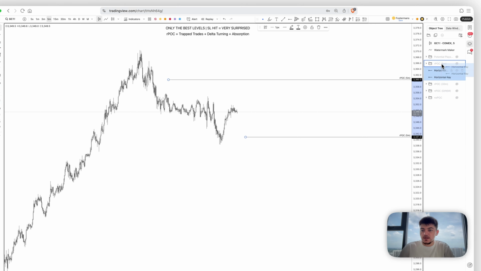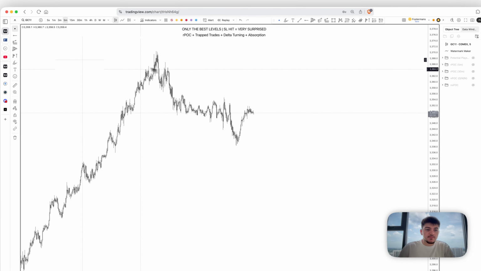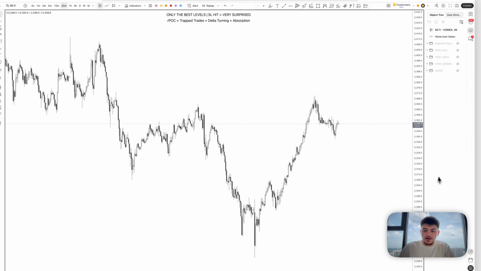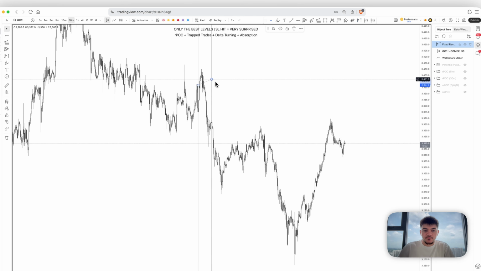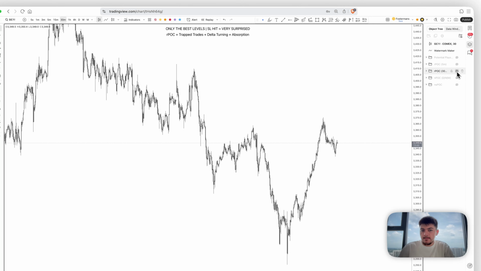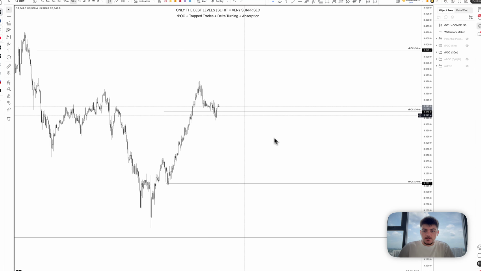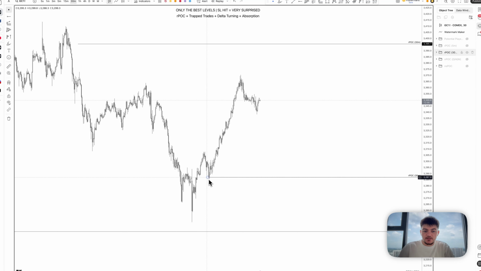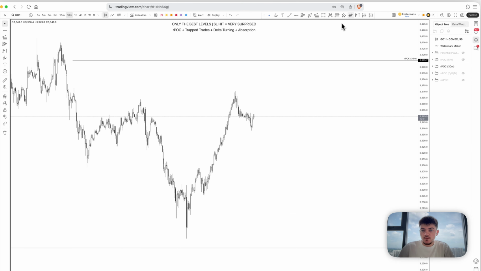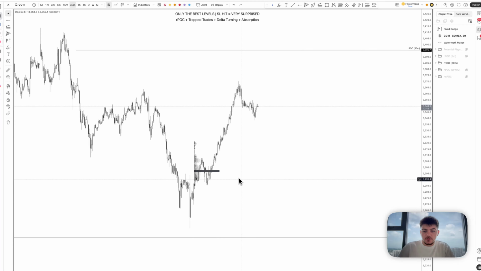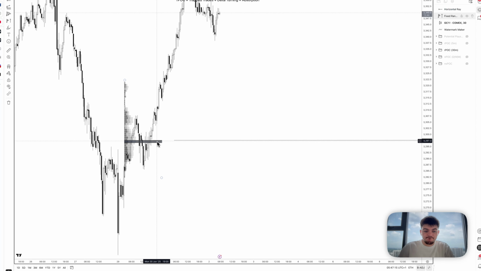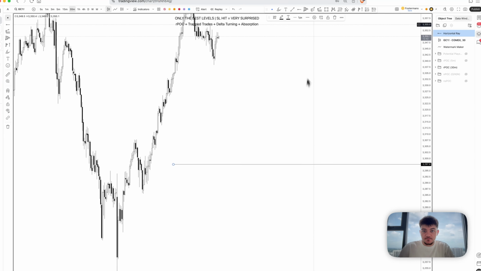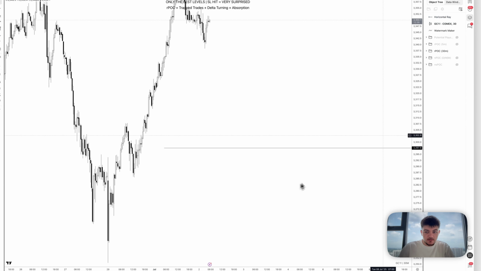What is the point of muddying up a chart for subpar analysis? I think we already have this one, actually. Yeah, we do. This one's already been tapped. That was a really nice tap, though. That is literally going to be the only 30 minute that I would risk my money on, man.